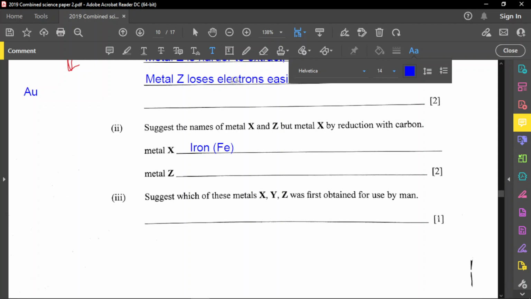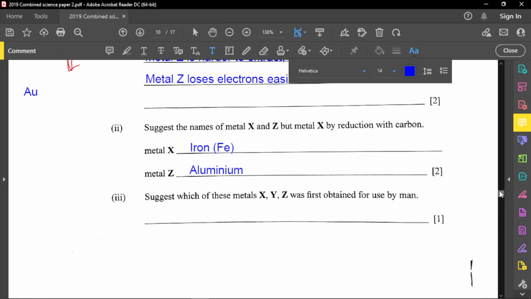So you need to know the extraction of metals, the process of extracting metals. You really need to go through those. And Z, of course, will be aluminum. And it says suggest which of these metals X, Y, or Z was first obtained for use by man.